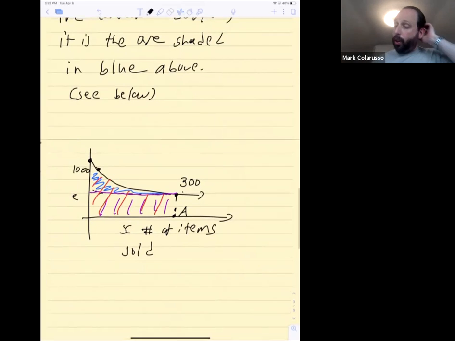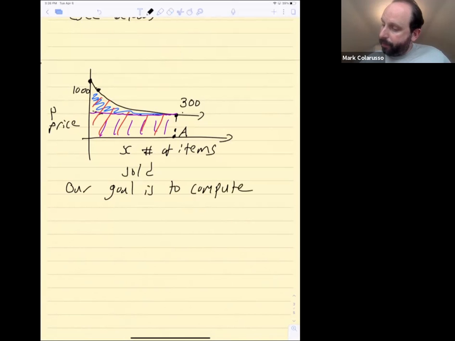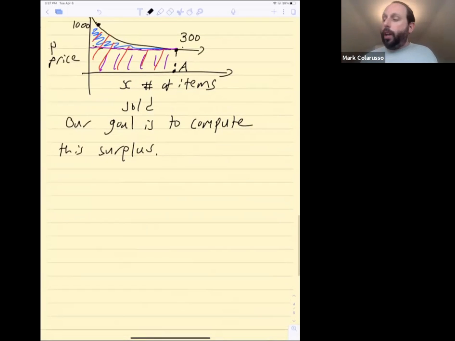Okay, so our goal is to compute this surplus. This is supposed to be the price here. We can actually do this quite easily within our current knowledge of how to find the area between two curves, right?